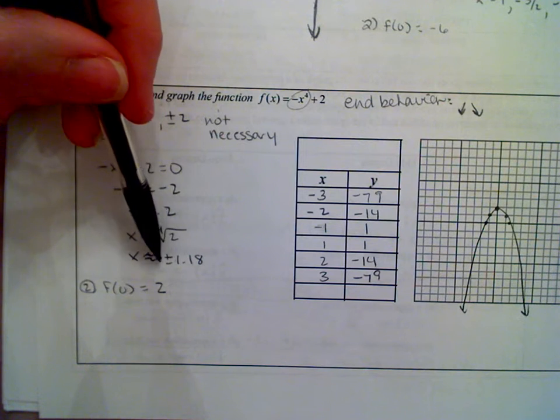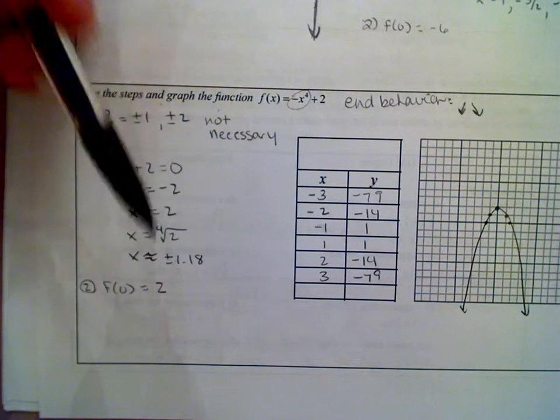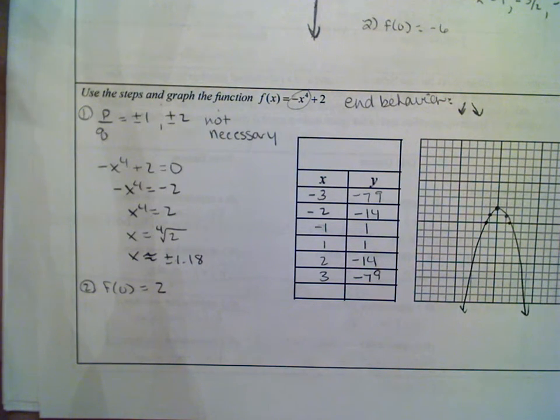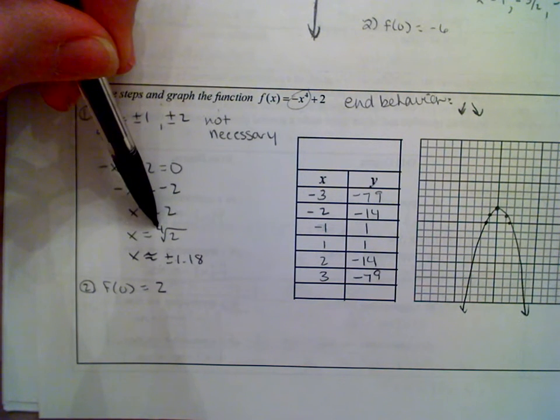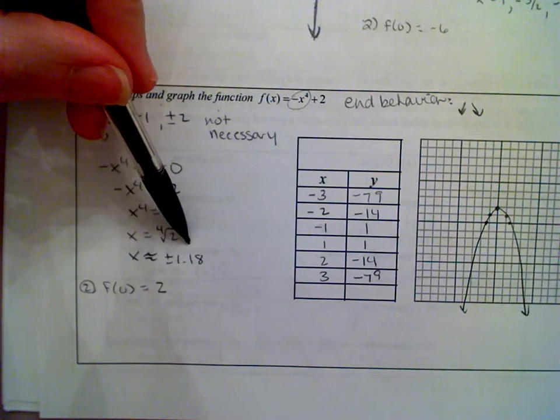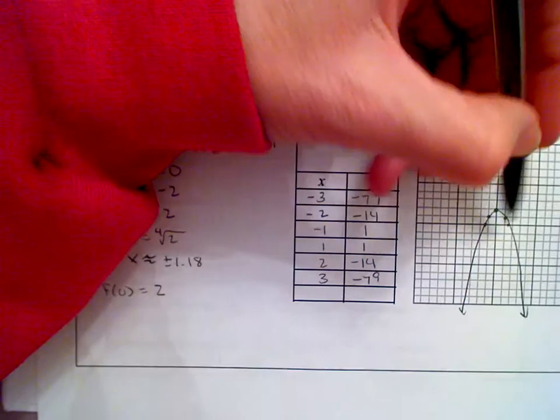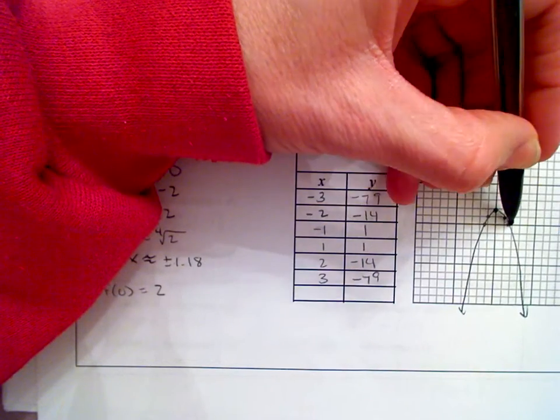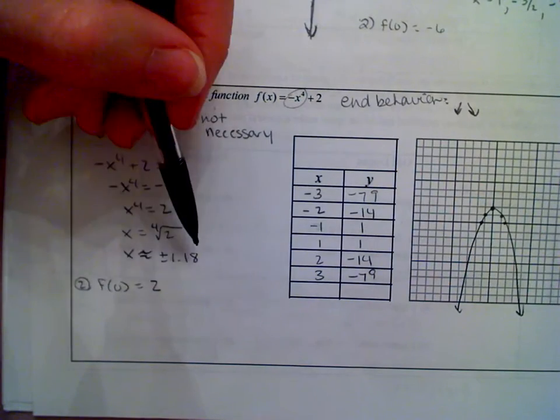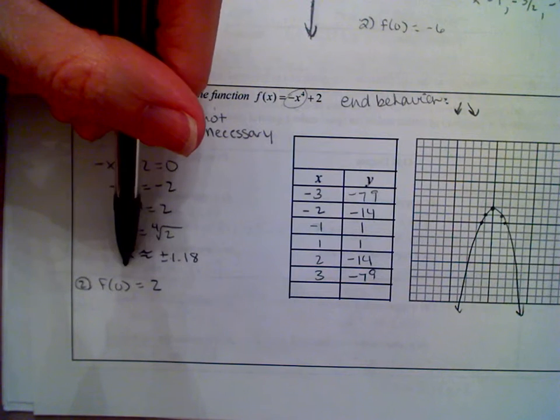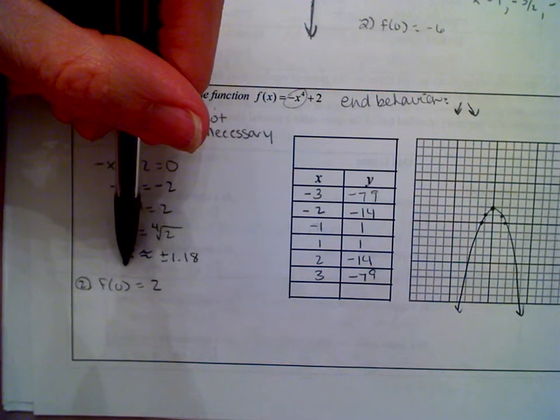Okay? And so I end up with positive and negative about 1.18. And that's just the approximate value of the 4th root of 2. Now remember, we're just doing a sketch, so an approximate is fine. So I just went a little bit past -1 and a little bit past +1 to get a good approximation of those two values. I also found my y-intercept to be 2 by plugging in 0.